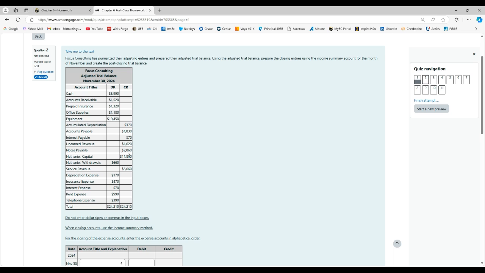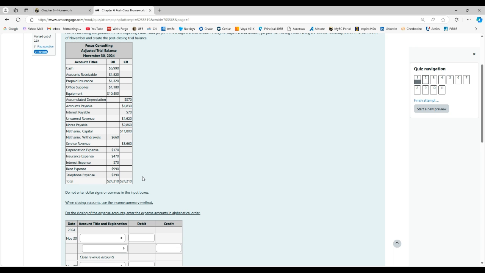So kind of smushing down all of the components that fall under that equity umbrella. We're going to close the draws out, the service revenue, the expenses and all that. And what we're going to end up with is just assets, liabilities, and equity, one summarized equity number that includes all the components that make up that equity. And that is the closing process.